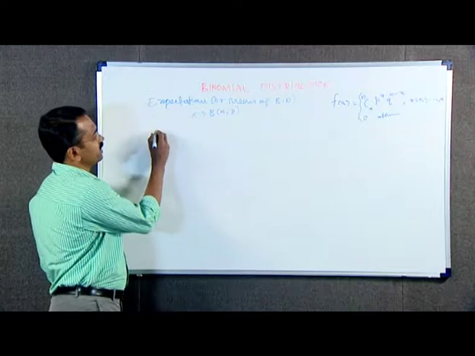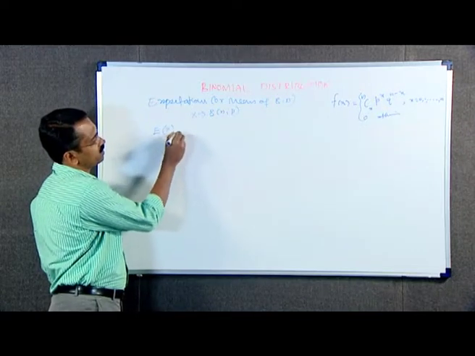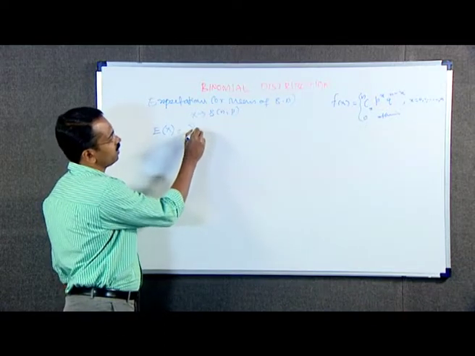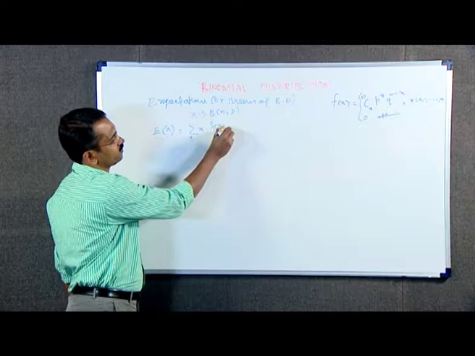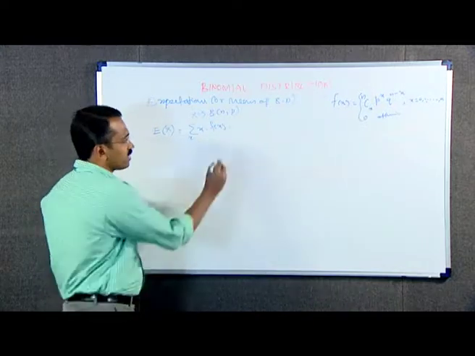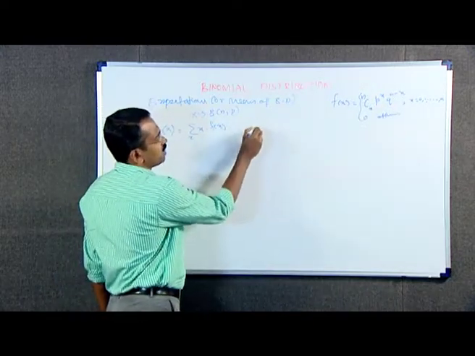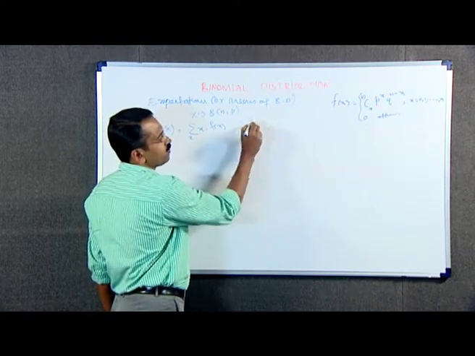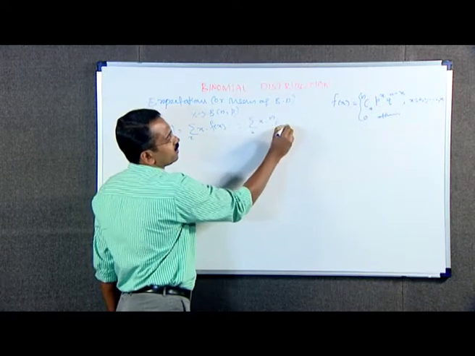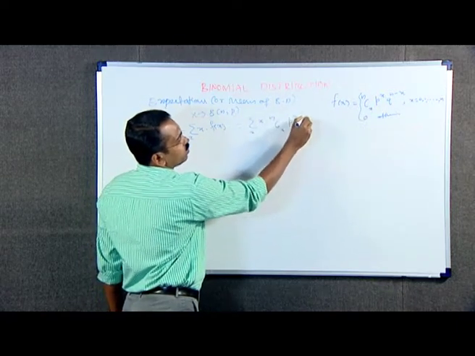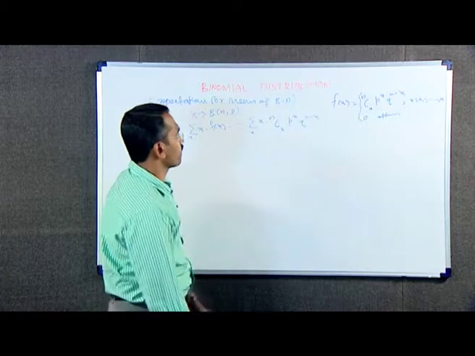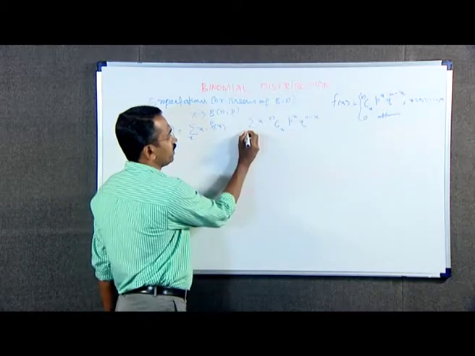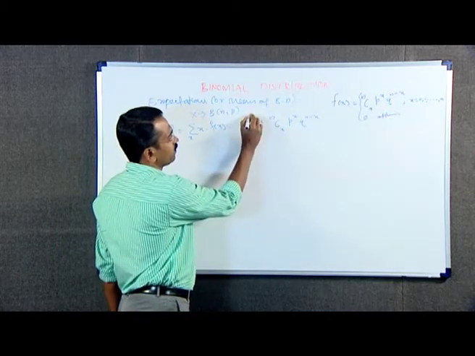By definition of expectation, expectation of x is equal to summation over all x, x into f of x. That is equal to summation over all x, x into f of x, which is here nCx, p raised to x, q raised to n minus x, that is, x varies from 0 to n.